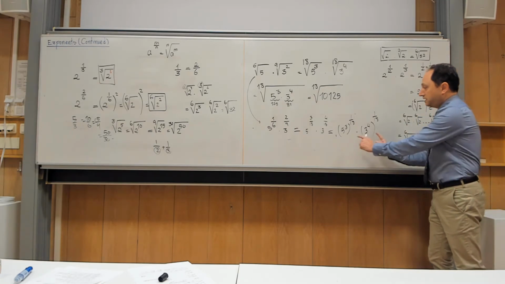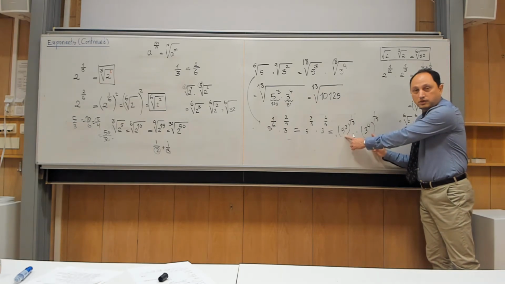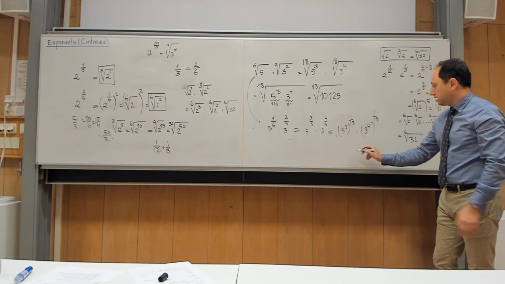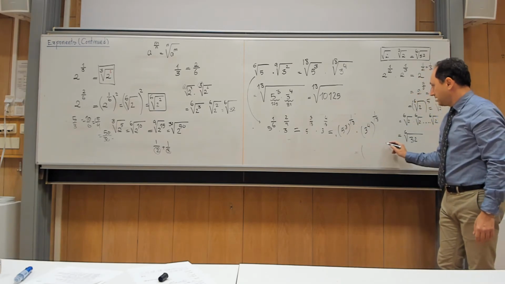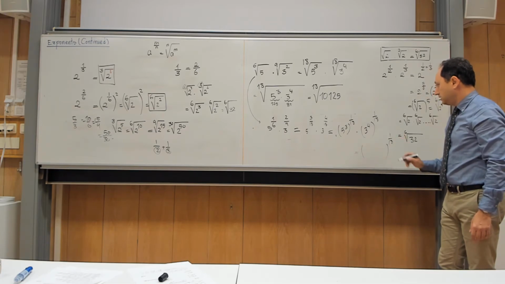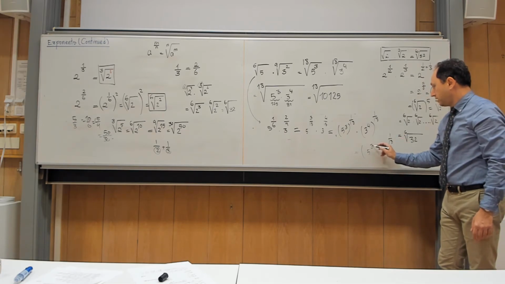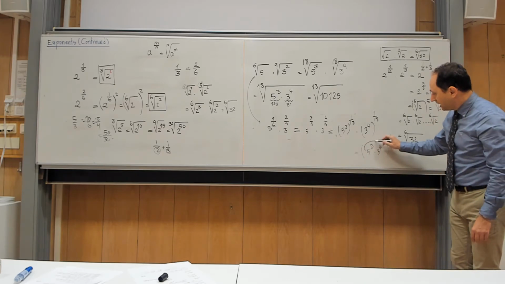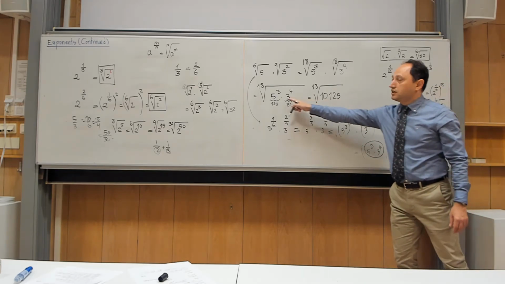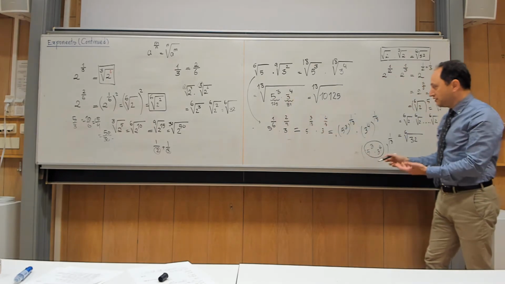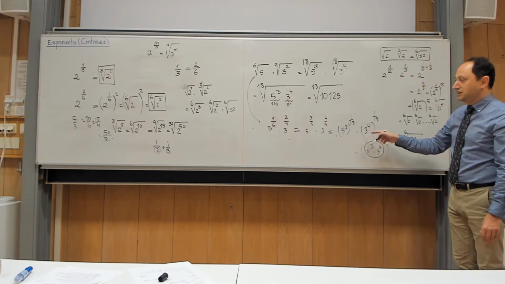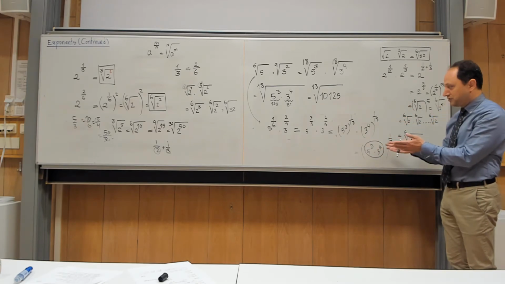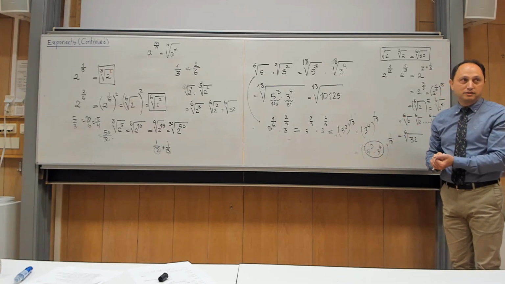Instead of making the bases the same, I made the exponents the same. So then what can I do? I can write it as 1 over 18 here, and then I can write 5 to the power of 3 times 3 to the power of 4. And that is exactly the number that I got here. So if you want to do it using the method in the book, this might be a higher level question. But in principle, thank you, it is possible.